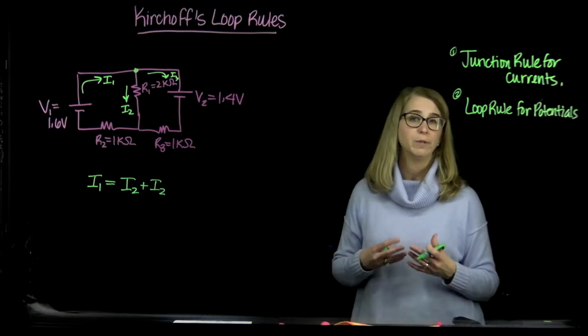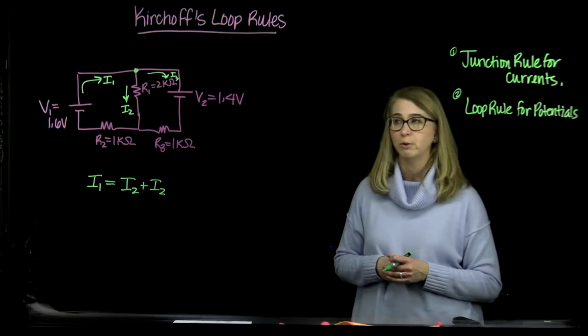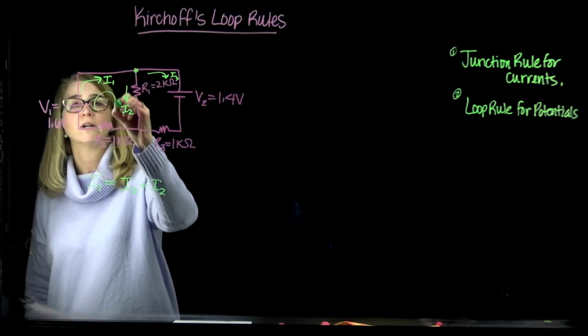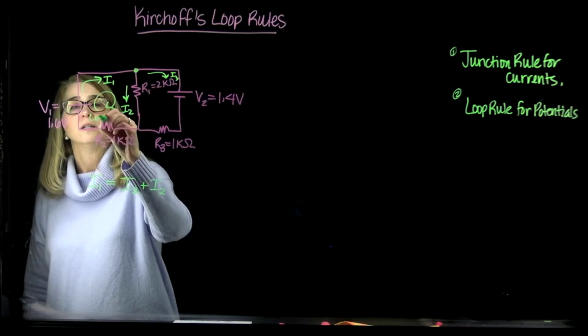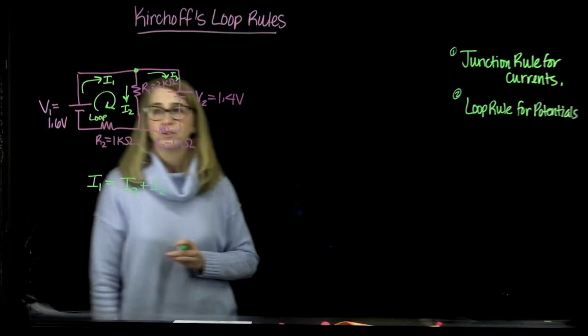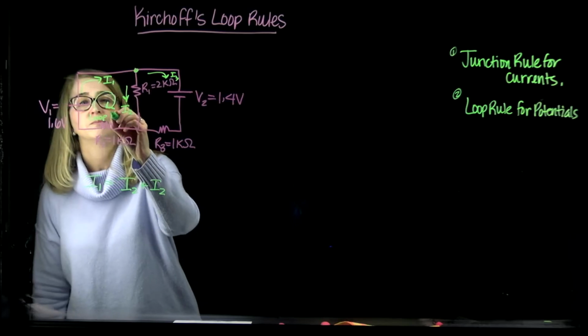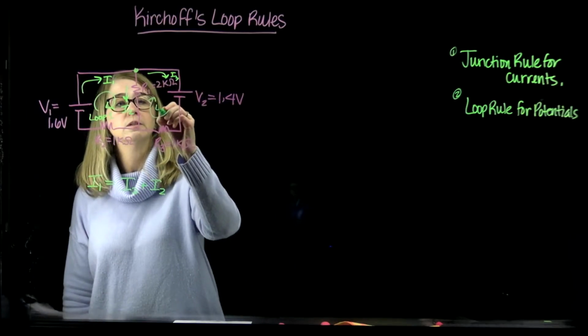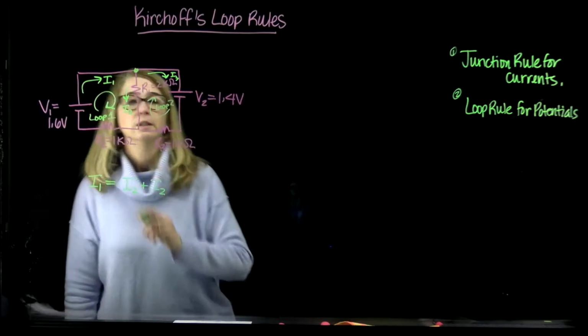And we'll talk a little bit about the rules as I go through it. I'm going to do 2 loops. I'm going to go around this part in that clockwise direction. So that's going to be called loop 1. And then I'm going to go around loop 2 in that direction.